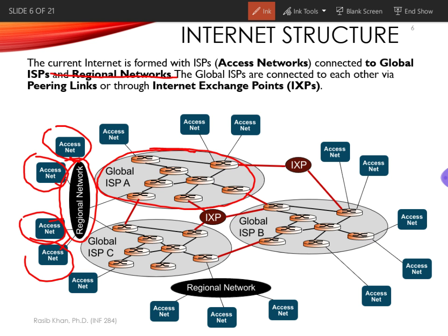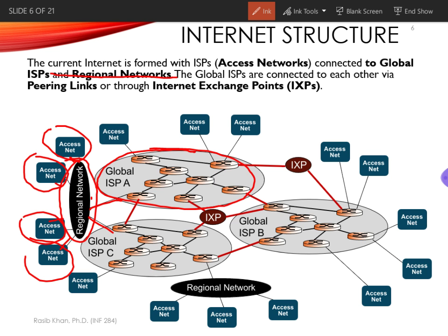So let's say the east coast of North America can be a regional network connecting all the access nets, which are the smaller ISPs, into one regional network, and multiple regional networks, for example East Coast, Central, Midwest, Western, could be connected all together with the help of global scale ISPs.